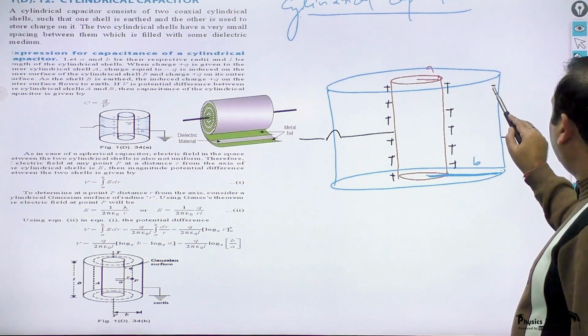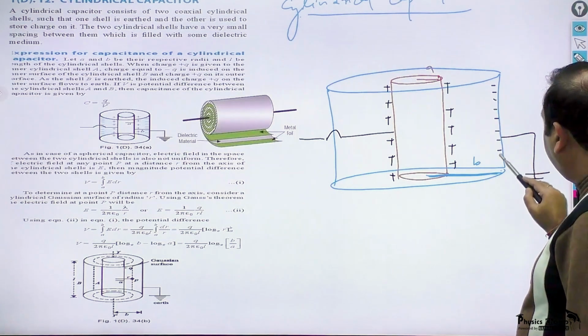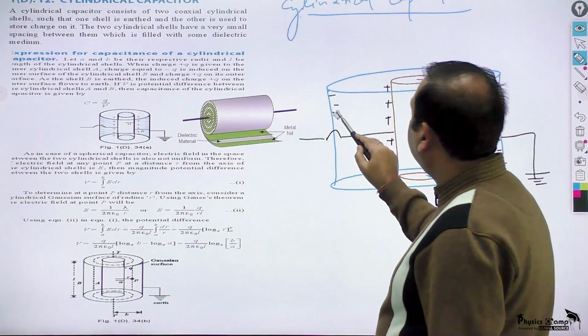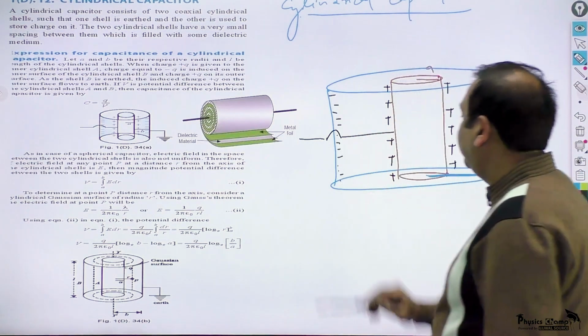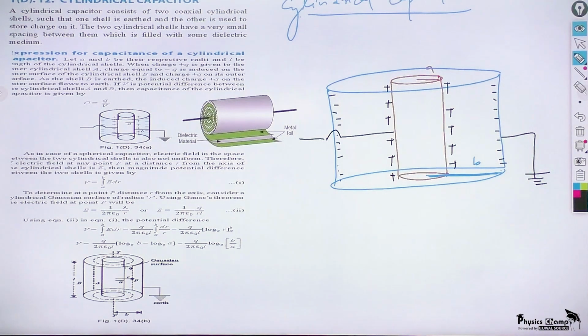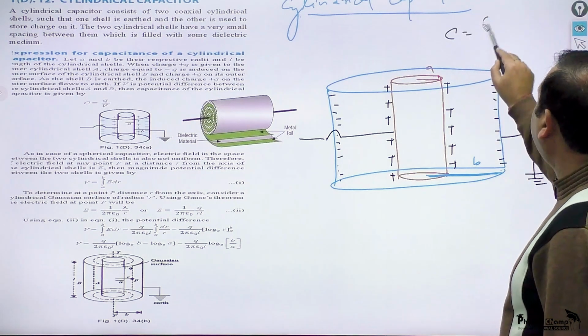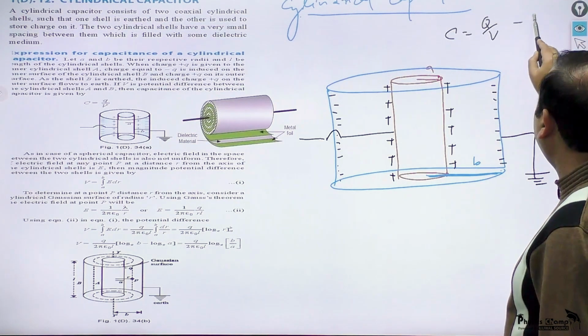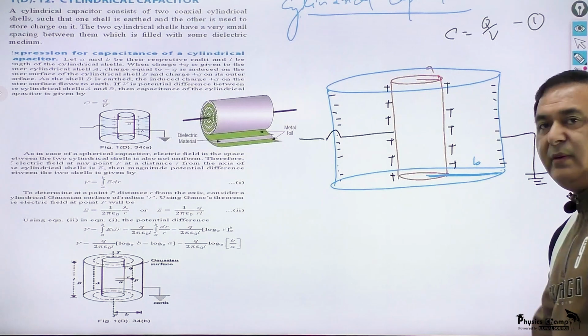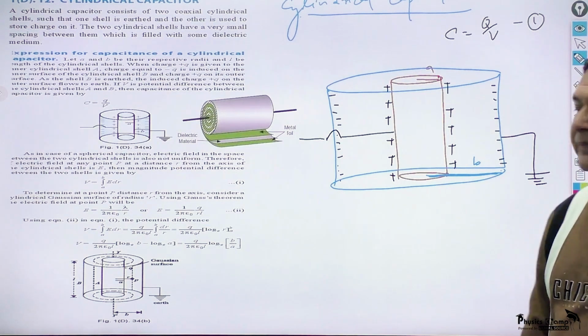So surely there will be some induced charge on the inside of it. And we are interested in finding the capacitance. The formula for capacitance will be Q by V, that we know, where V stands for potential difference.